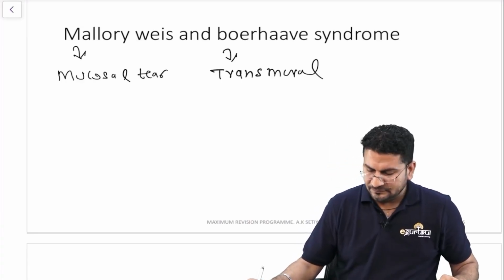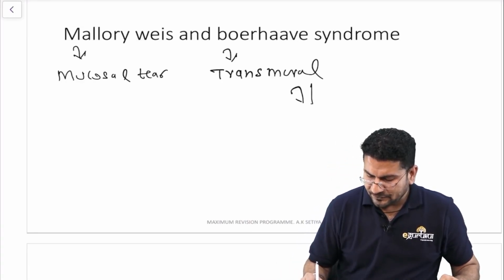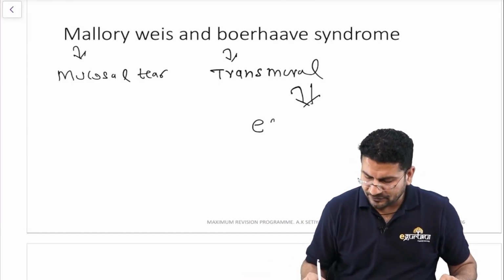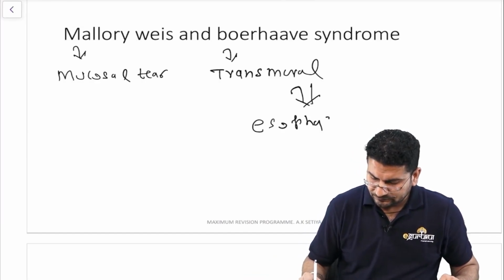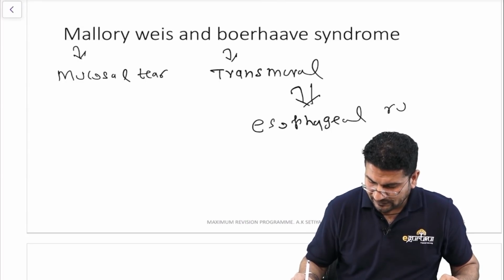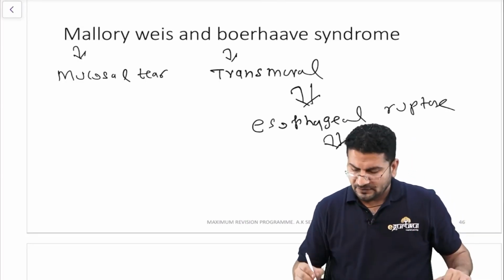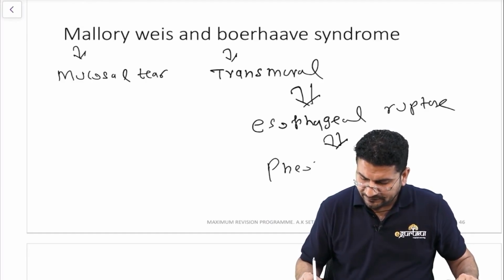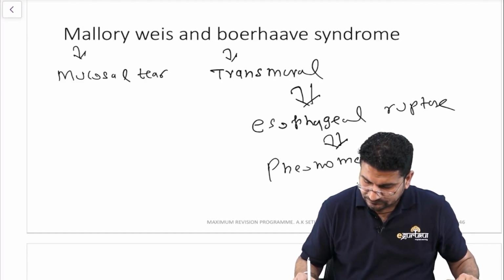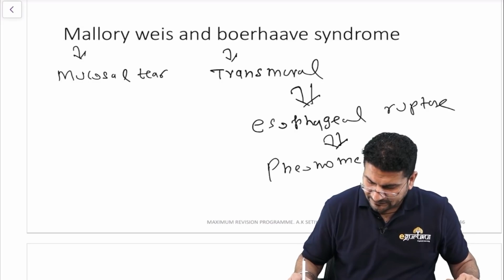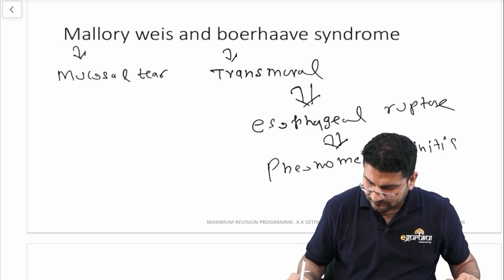Is it clear? Understand this, when there is esophagus rupture, we call this esophageal rupture. The contents of the esophagus will come into the mediastinum, so it can lead to pneumomediastinum.